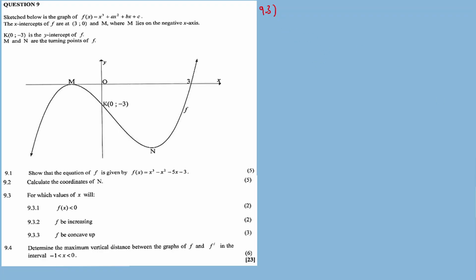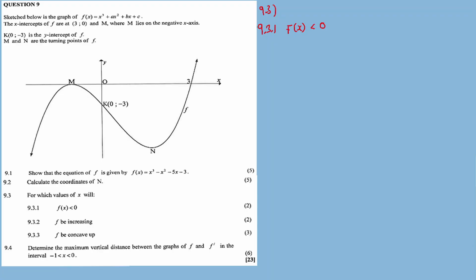9.3.1: for which values of x will f of x be less than 0? So we want the portion of the graph where f of x is less than 0, or where f of x is negative. In other words, we want the parts of the graph where the y values are negative.